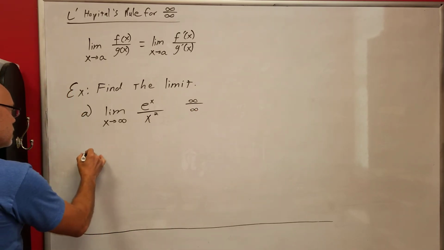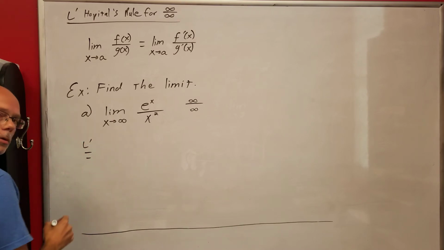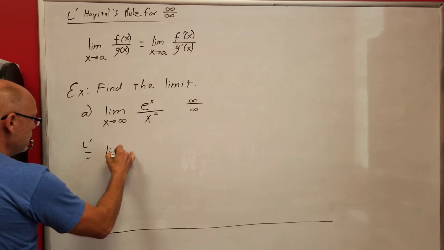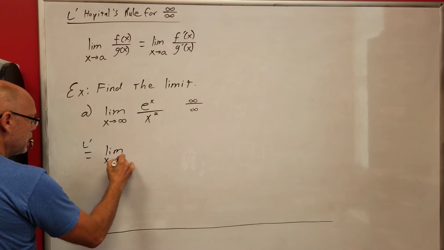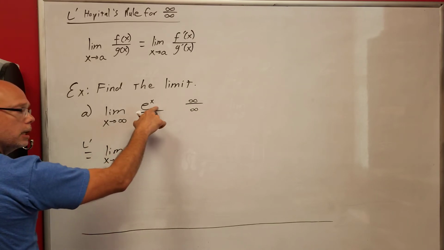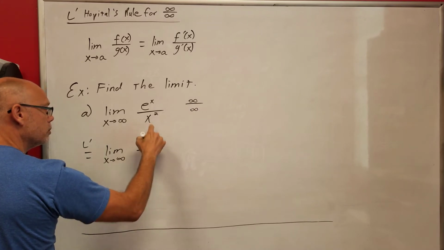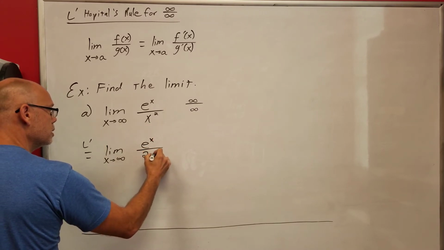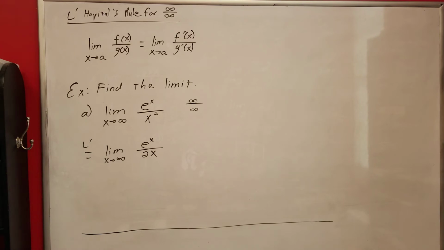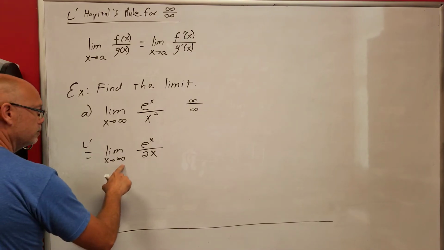So what I'm going to try to do is use L'Hopital's rule. I'm going to say, okay, this is equal to the limit as x approaches infinity of the derivative at the top, which is e to the x, over the derivative at the bottom, which is 2x, right? Now let's see what I have.